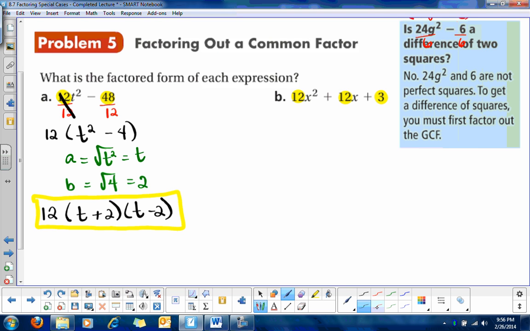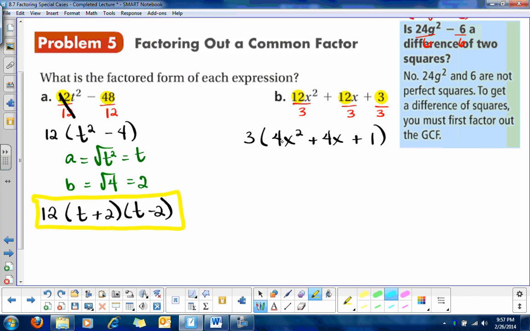Well, let's take out a 3. 3 here, and 3 there. So the 3 goes on the outside of the parentheses. Then we end up with 4x squared plus 4x plus 1.